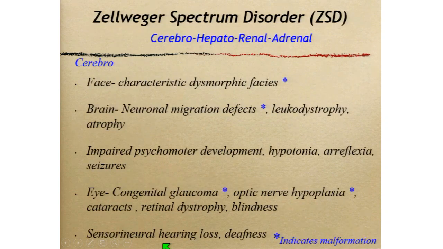And so in order to recognize Zellweger spectrum disorder in the clinic, we do go back to that original description, Cerebro-Hepato-Renal by Hans Zellweger, and we add adrenal. So if you keep in mind the systems involved in these disorders are Cerebro-Hepato-Renal-Adrenal, you will probably pick up many of the children and adults.